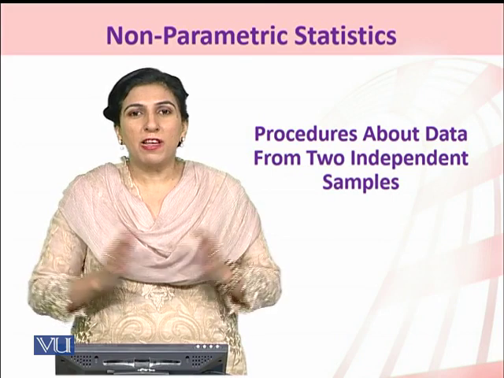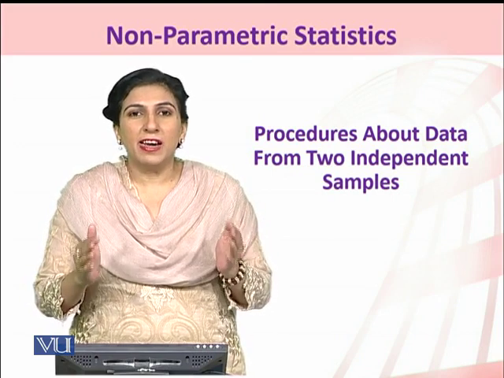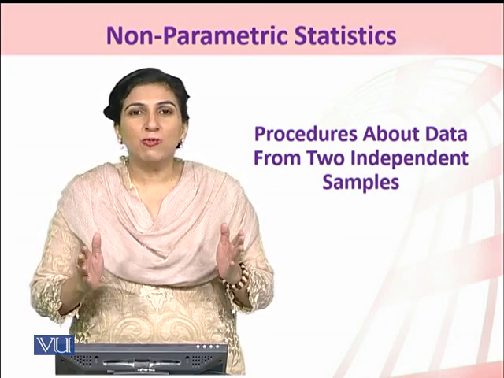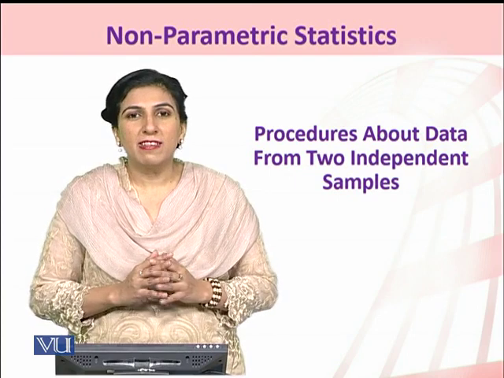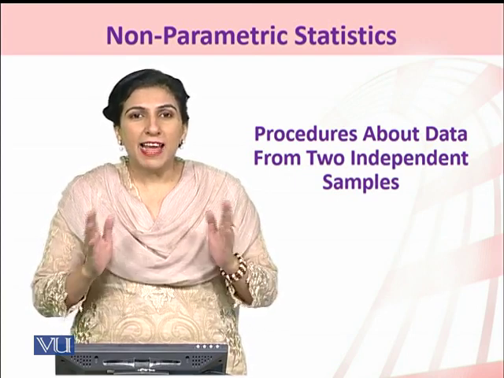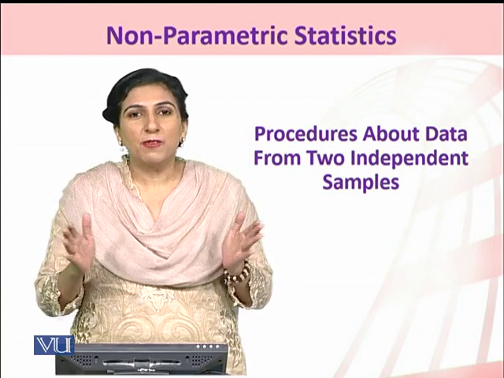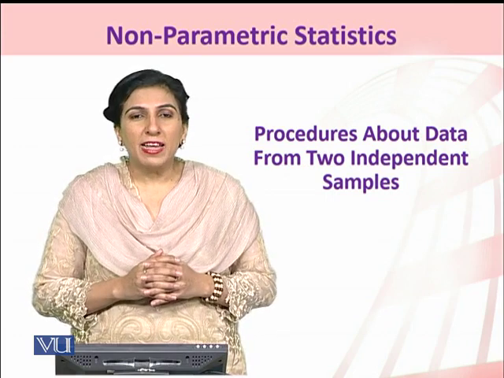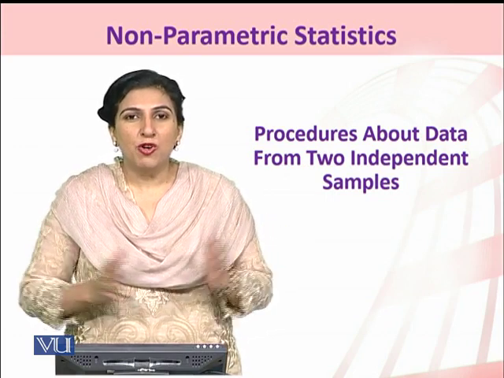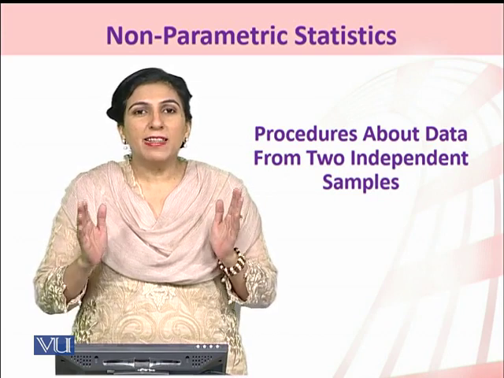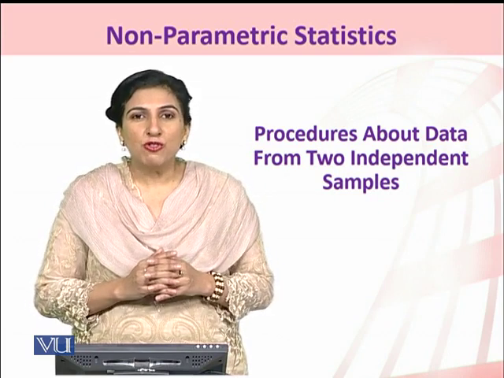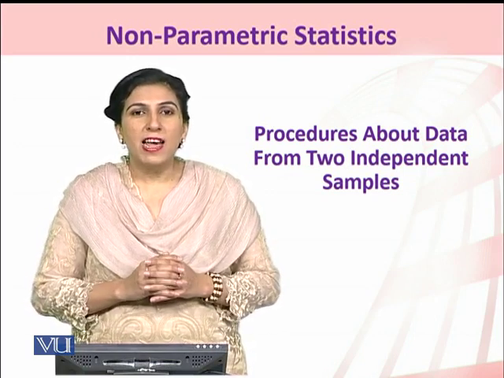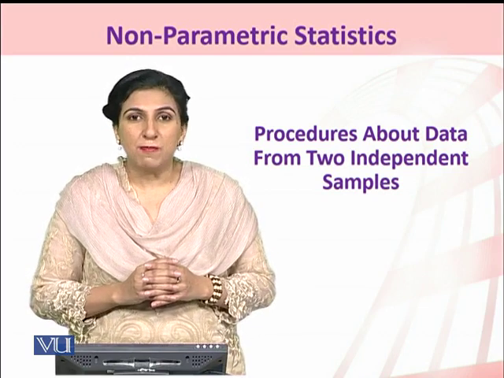So if there are two populations and we need to find out any particular parameter relating to those populations, and it is unknown to us, then how do we estimate those population parameters for the two populations? So students, here we would be assuming that if two populations are unknown and we need to compare the population parameters of those two populations, then we will be drawing two samples out of those populations independently.